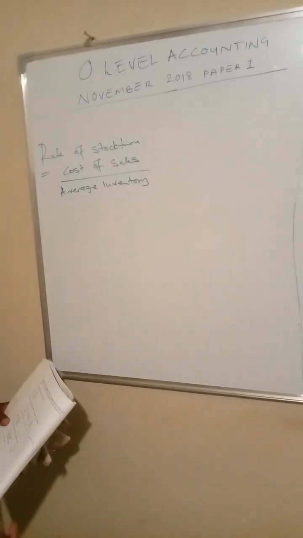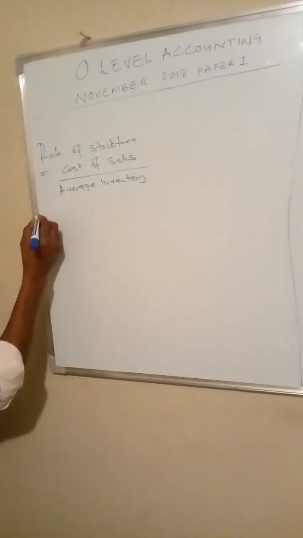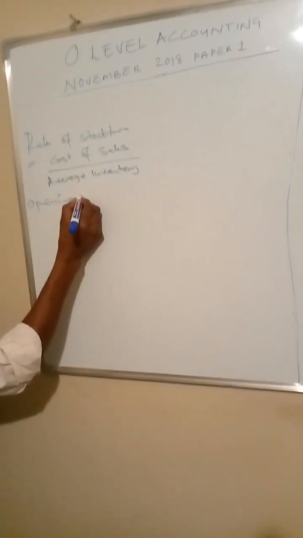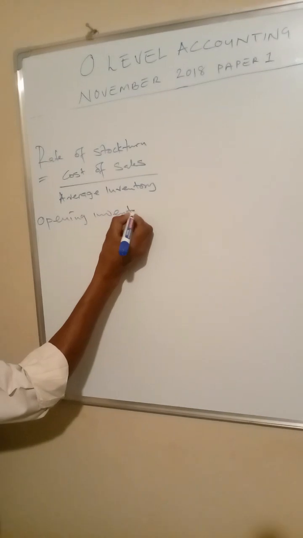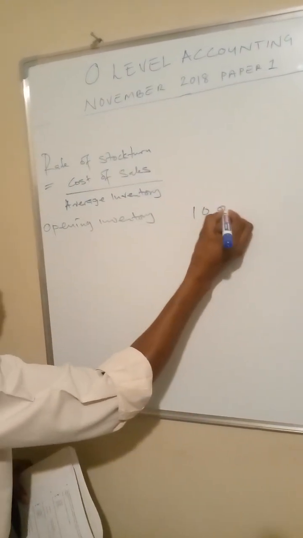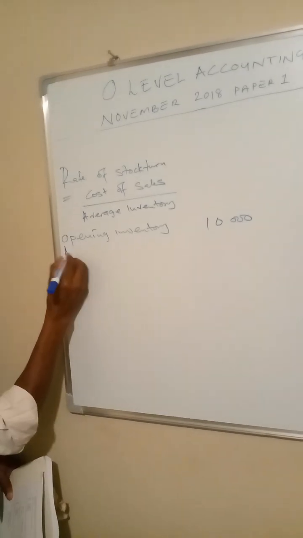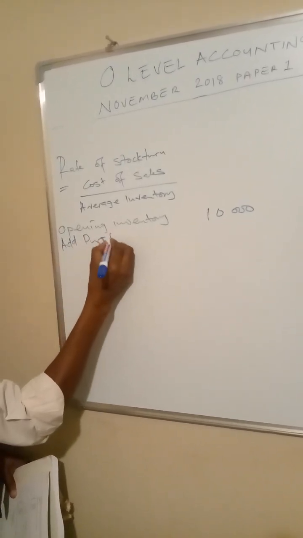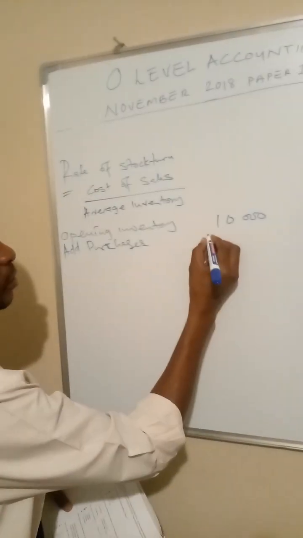Right, let us now calculate cost of sales. Cost of sales, we start with opening inventory. Opening inventory is 10,000. We add purchases 140,000.